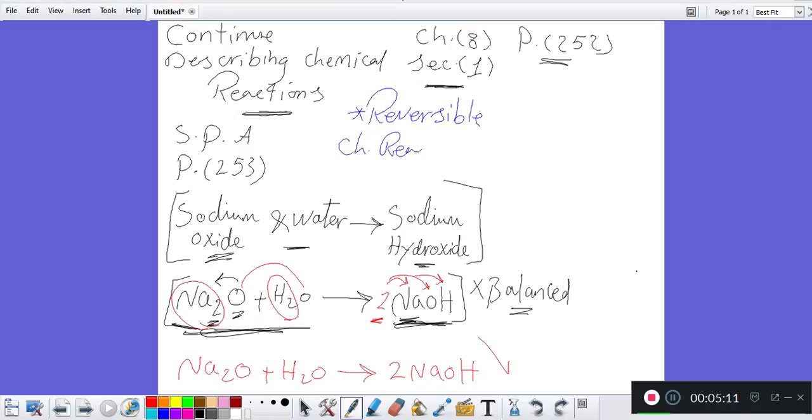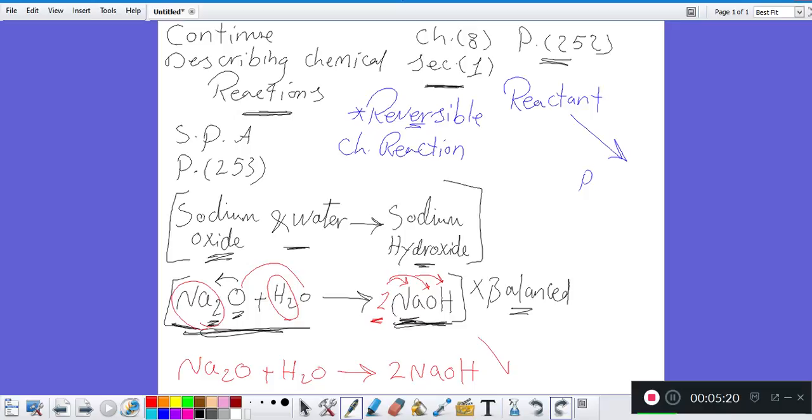Well, okay, a reversible chemical reaction, as a definition: the reactant is going to give you a specific product, but the product is going to reform the reactant again, giving the same type of reactant. We can say that a reversible reaction is a chemical reaction in which the product reforms the original reactant. It gives you the reactant once again.